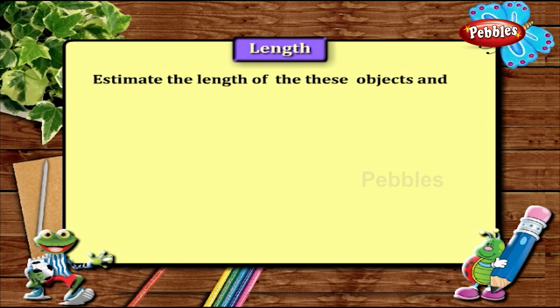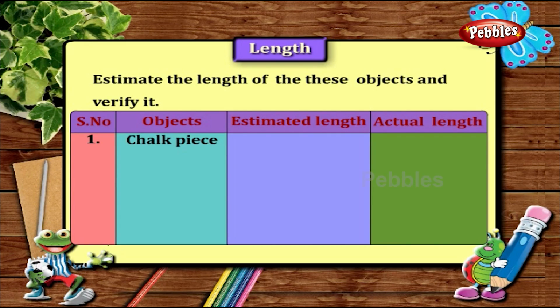Estimate the length of these objects and verify it. Chalk piece. Estimated length is 10 centimeters, but its actual length is 14 centimeters. Duster. Estimated length 10 centimeters. Actual length 12 centimeters.